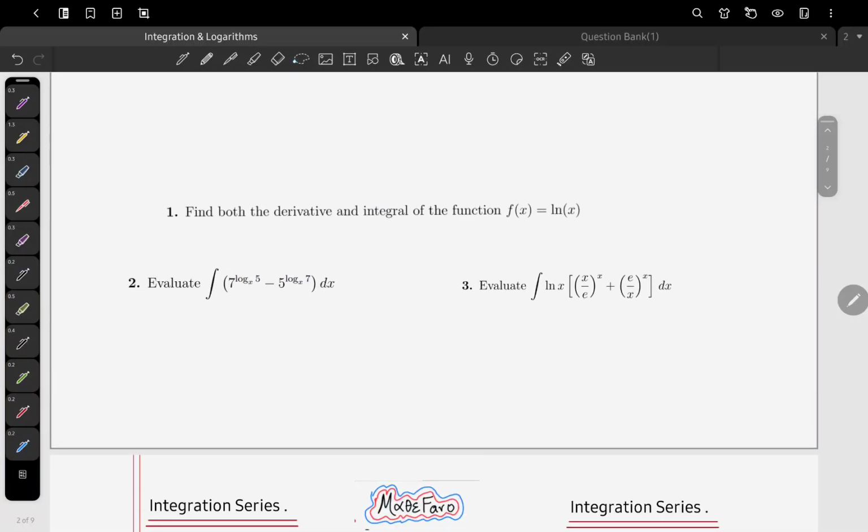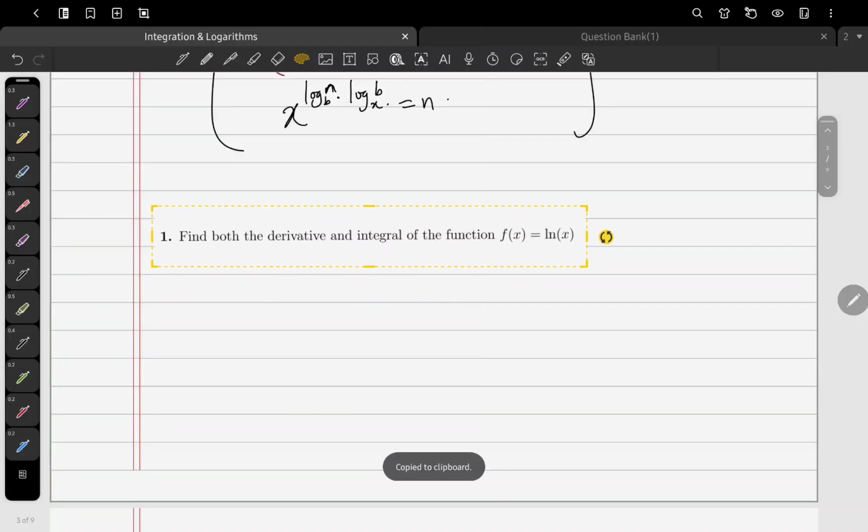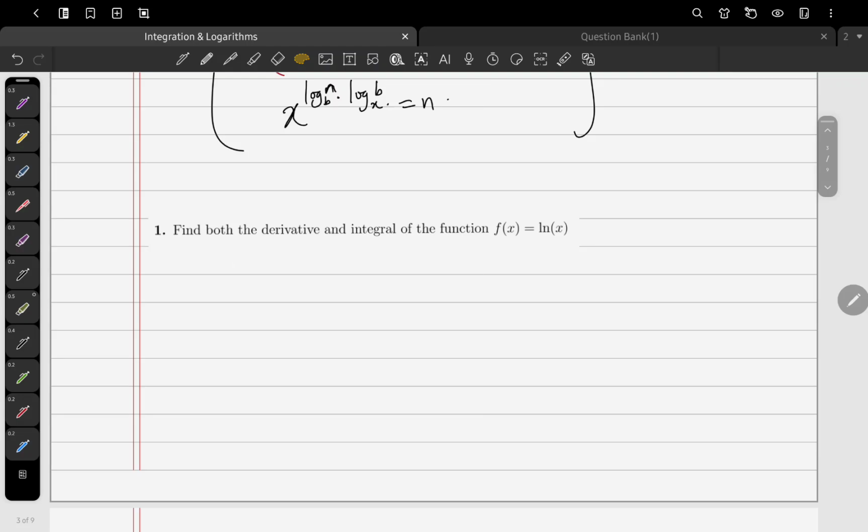So the first question here says we should find both the derivative and the antiderivative of natural log of x. Maybe I should also include logarithm of x, that is to base 10. So I'm not going to gloss over the derivative since it is something that is very common.